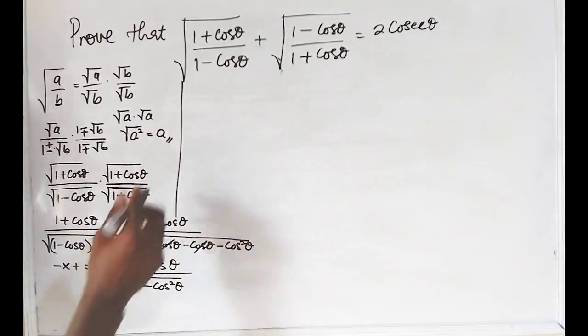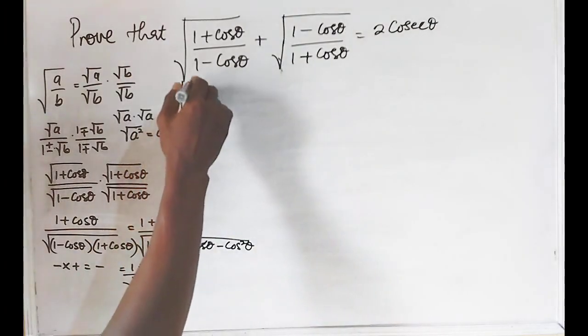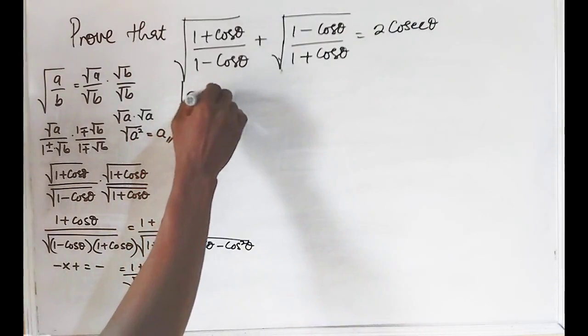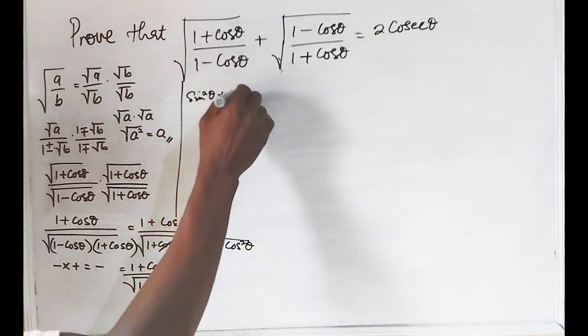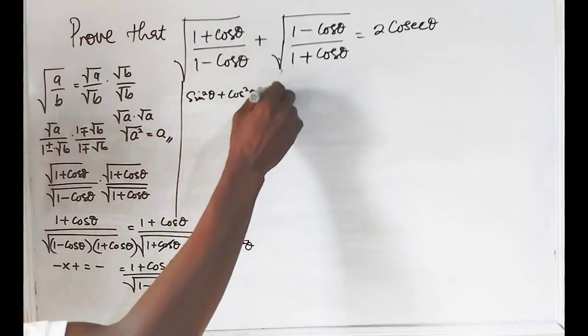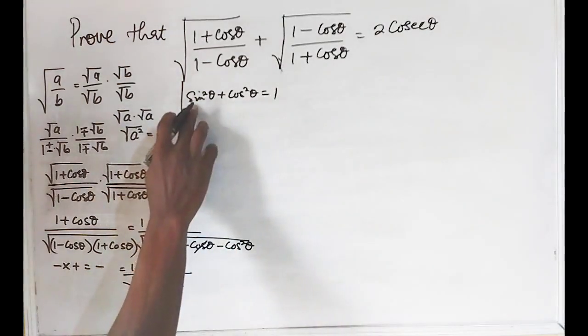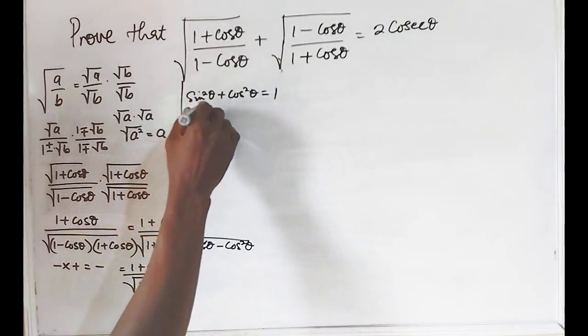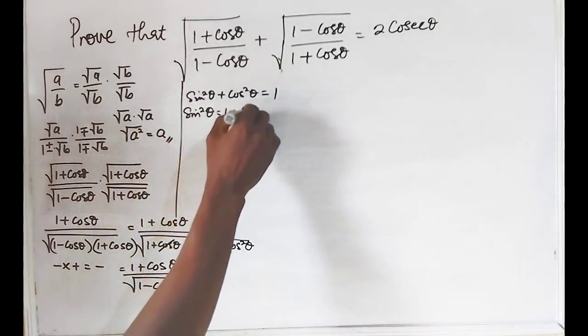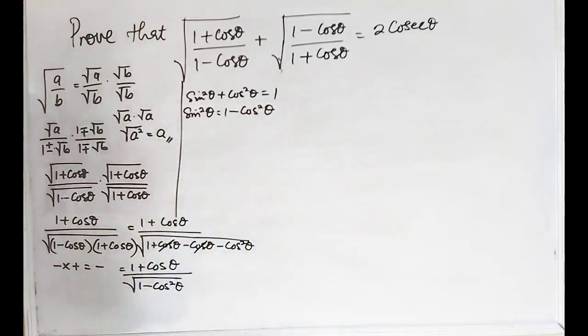Now let us recall from the trigonometric identity that sine squared theta plus cos squared theta equals 1. If you make sine squared theta the subject, you have sine squared theta equals 1 minus cos squared theta.